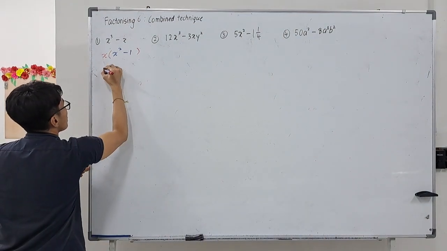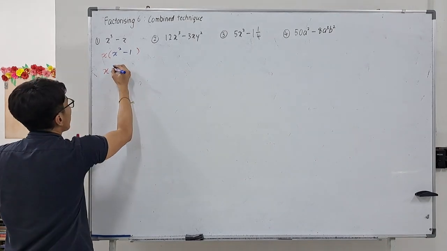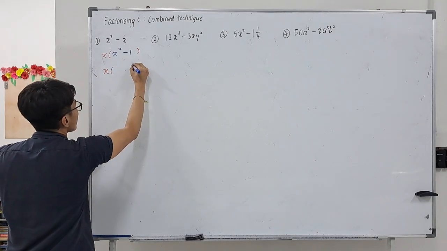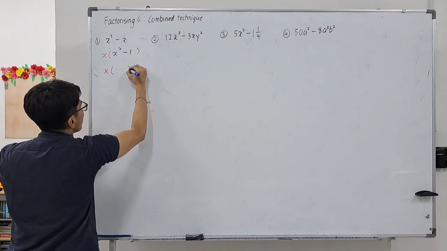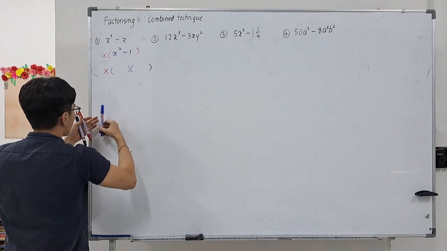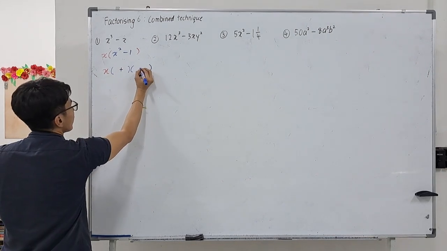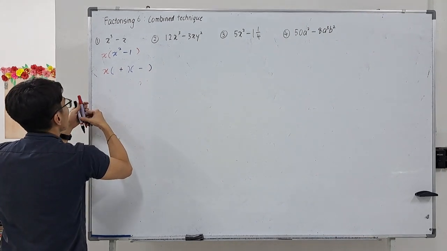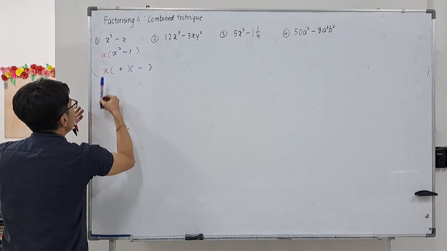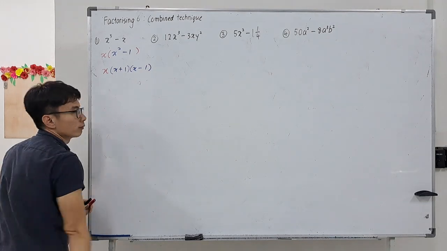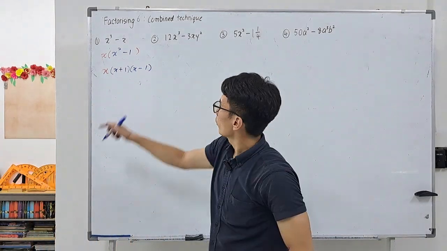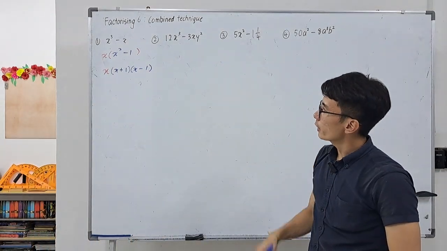This x will still be here, and I know this is the difference of square, so I have two brackets over here. One of them is plus, one of them is minus. So over here, I should get x, then x and 1. Okay, can you follow? Simple, right?